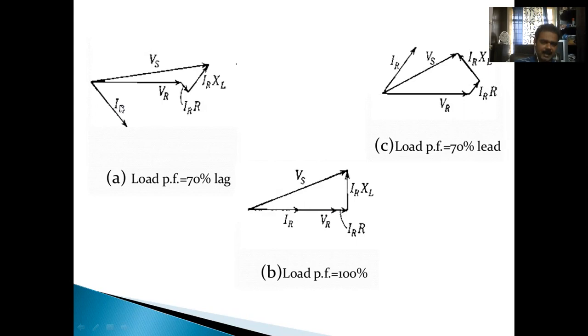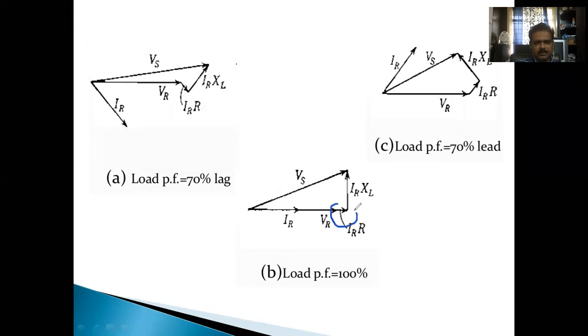In the case of a resistive load, the receiving end voltage and current are both in phase, and this IR drop is in phase with the current.